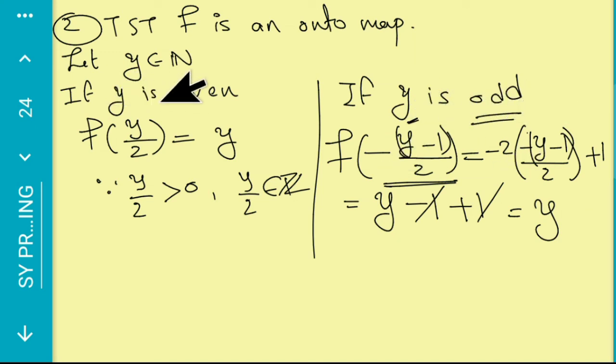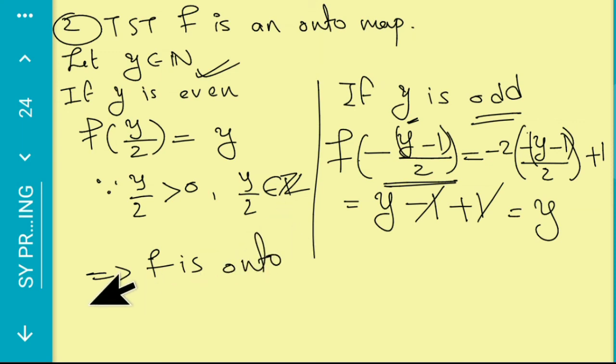Correct? So if y is an even number, y by 2 is the pre-image. If y is an odd number, then minus of y minus 1 by 2 is the pre-image. Hence, in both of the possible cases inside the natural numbers, f is onto. That implies f is bijective. Correct?